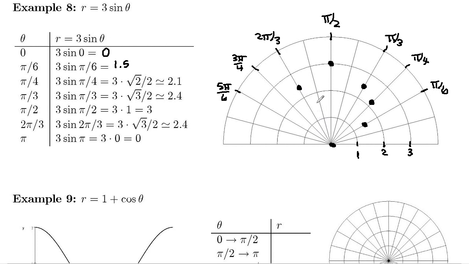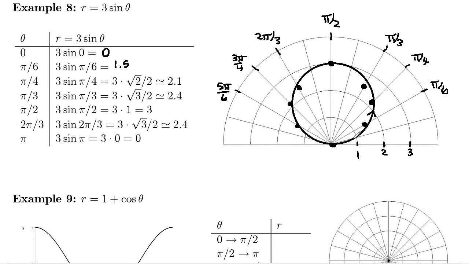This point corresponds to a point over here, and this one corresponds over here. And then we're back down. It's going around like this, and if we connect those dots, we get a circle. My points are not exactly right on; these two are off a little bit, but we get a circle.